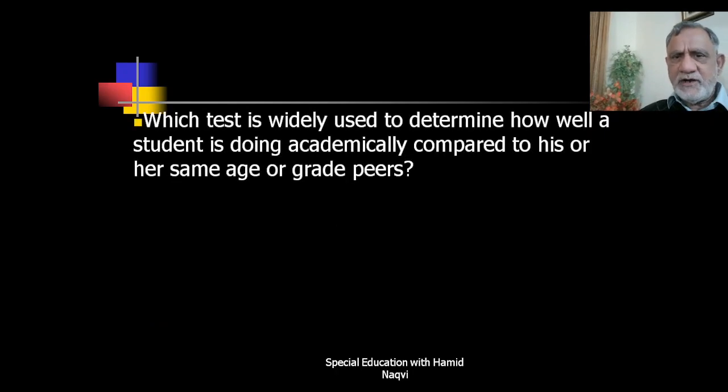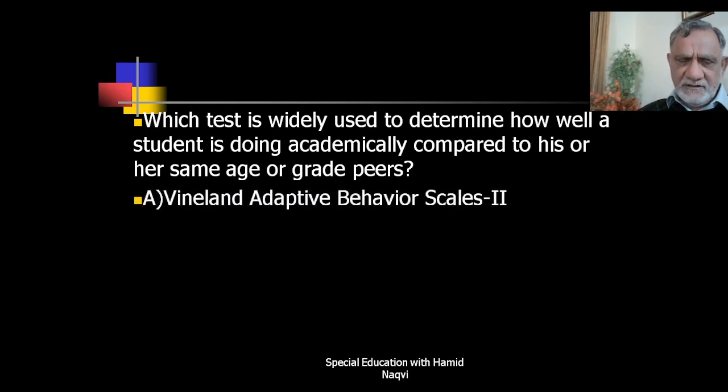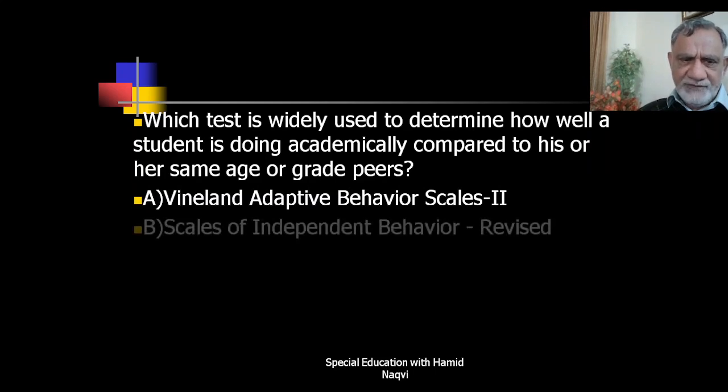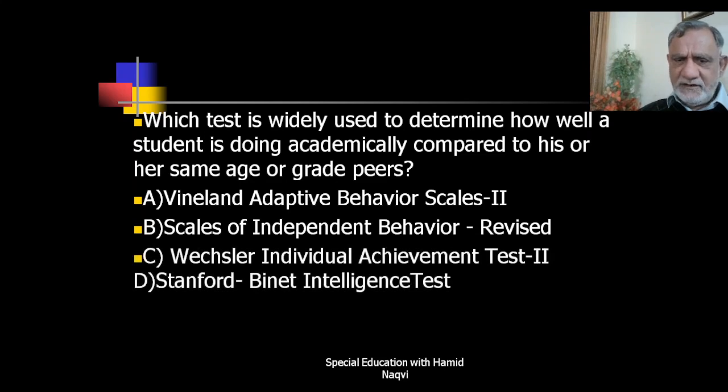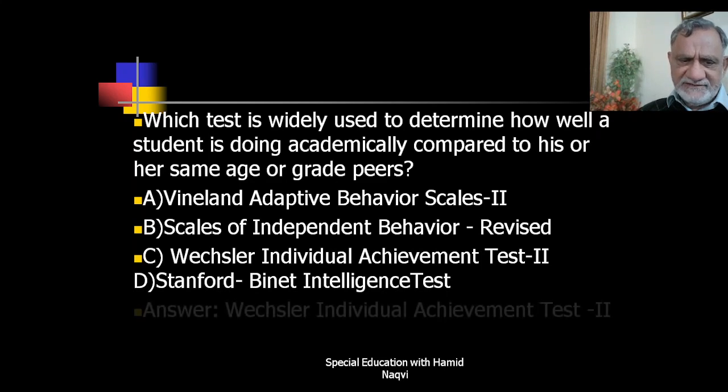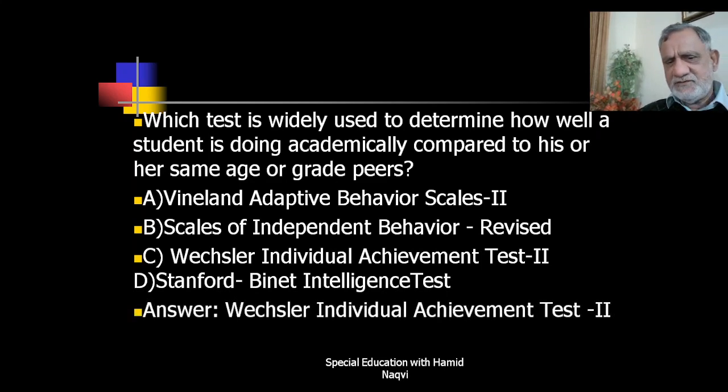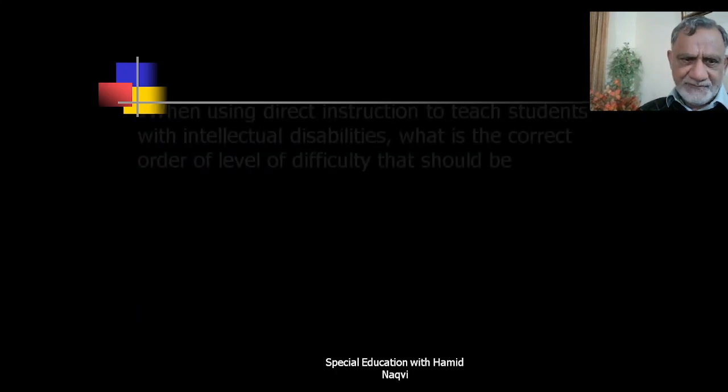Which test is widely used to determine how well a student is doing academically compared to his or her same age or grade peers? Vineland Adaptive Behavior Scale 2, Scales of Independent Behavior Revised, Wechsler Individual Achievement Test 2, or Stanford-Binet Intelligence Test. The answer is Wechsler Individual Achievement Test 2.